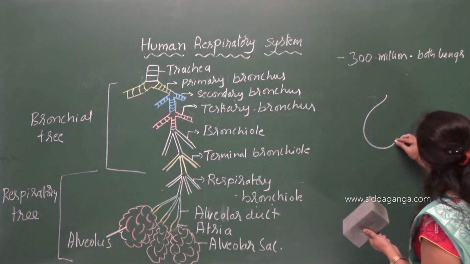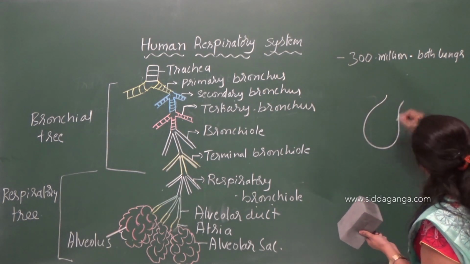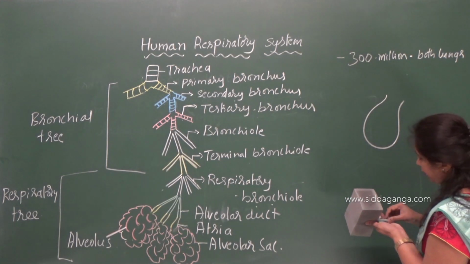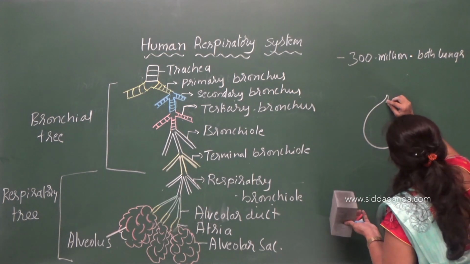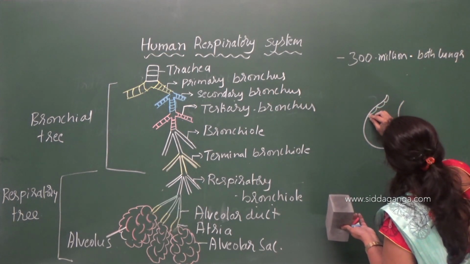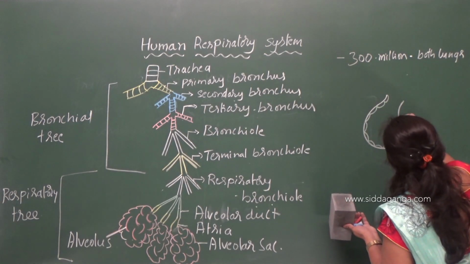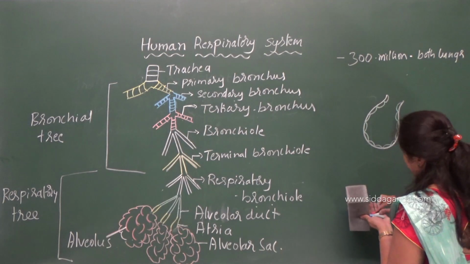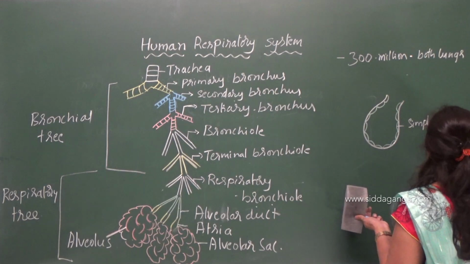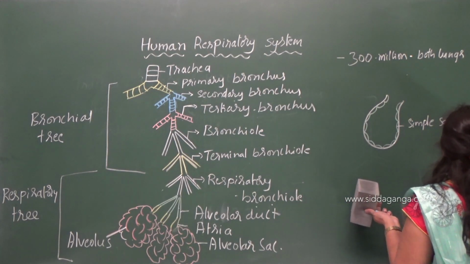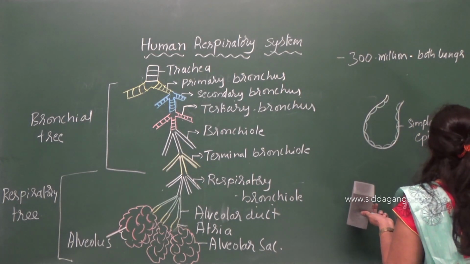So which are the structural and functional unit of lungs? Alveoli. I will draw a single alveolus here. It is a bag-like structure, internally lined with squamous epithelium.